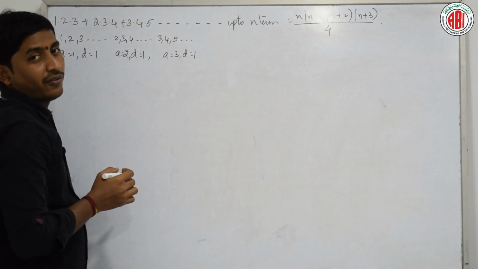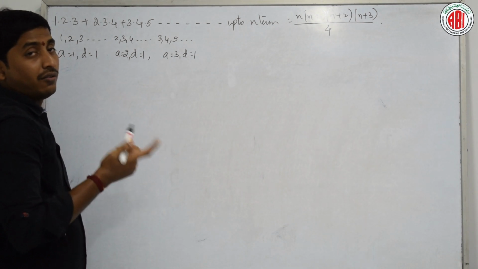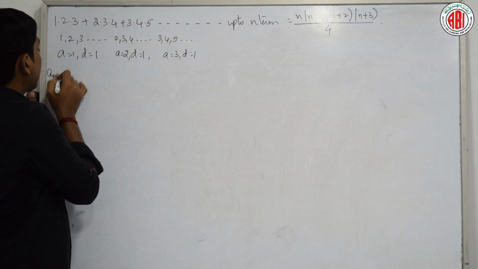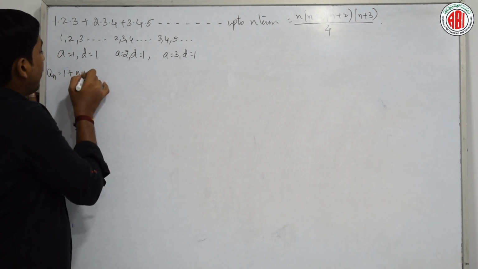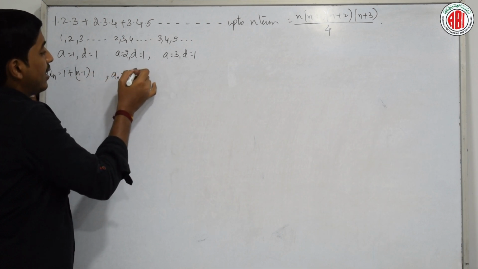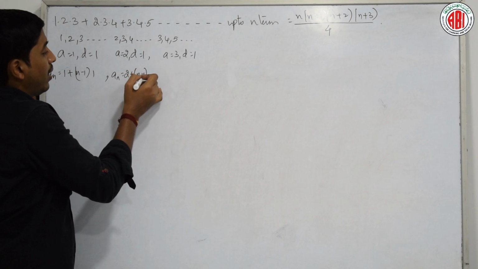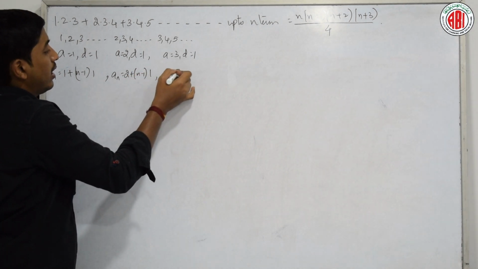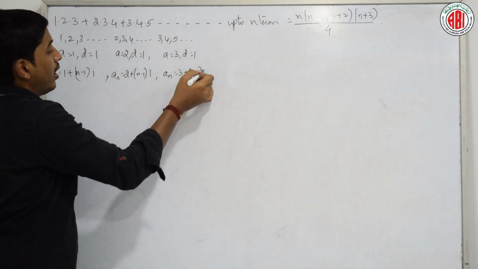What's the formula for the nth term? a plus n minus 1 into d. However, you people know, let me directly substitute it. Here a_n is 3 plus n minus 1 into 1.